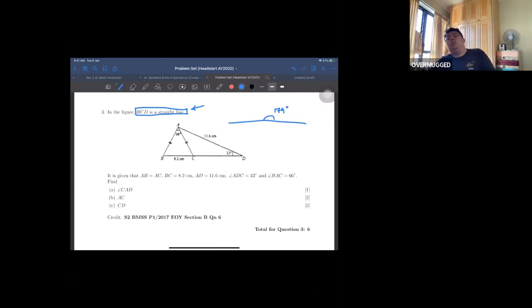It is entirely possible. Questions must state that a line is straight before you can assume anything. So this is important knowledge to take on for the geometry chapters in the syllabus. So I hope this is clear for this question here.